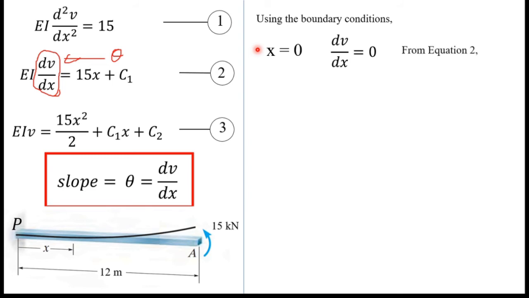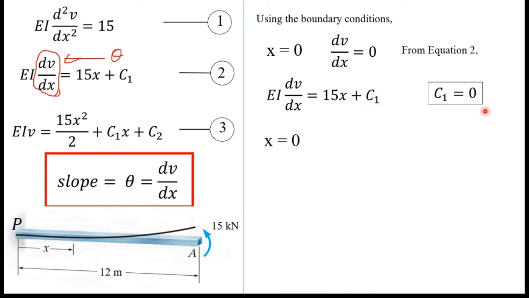From equation 2, I can write EI times dv over dx equals 15x plus c1. I can substitute x equals 0 and dv over dx equals 0 into this equation 2. If you substitute dv over dx equals 0, this whole part equals 0, and if you substitute x equals 0, this part becomes 0. Therefore only c1 is left, so it is equal to 0.